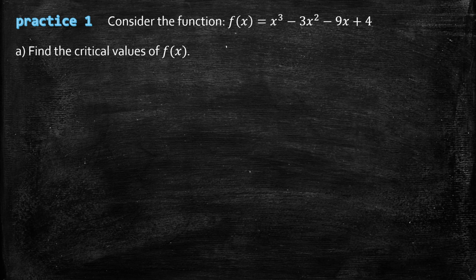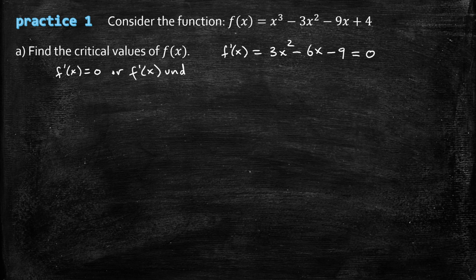So the first step is to find the derivative, and if we do that, we get 3x squared minus 6x minus 9. The critical values, remember, occur when f prime x equals 0 or f prime x is undefined. Clearly, there's no value of x for which the derivative is undefined, so we set this equal to 0 and solve.